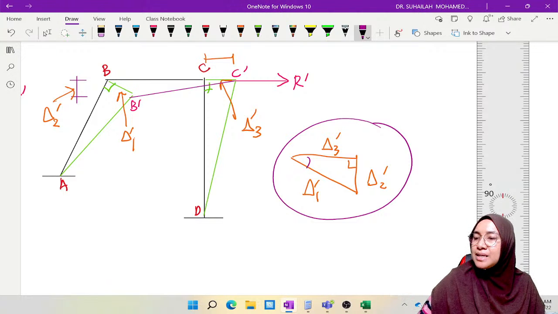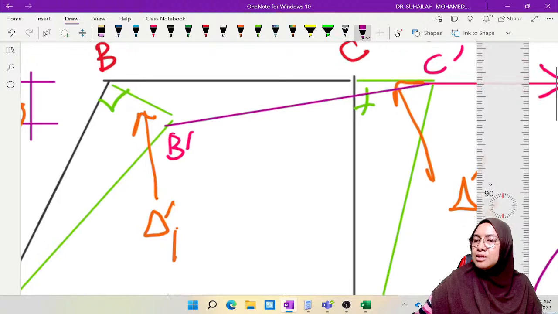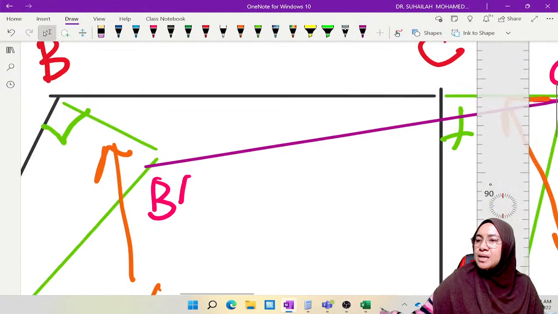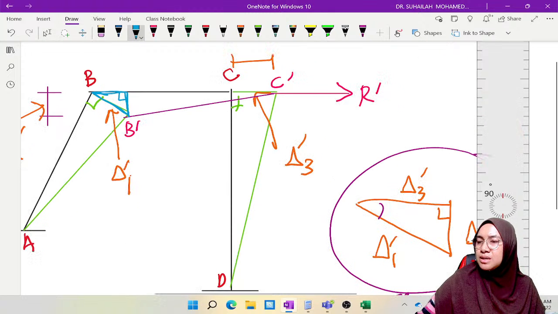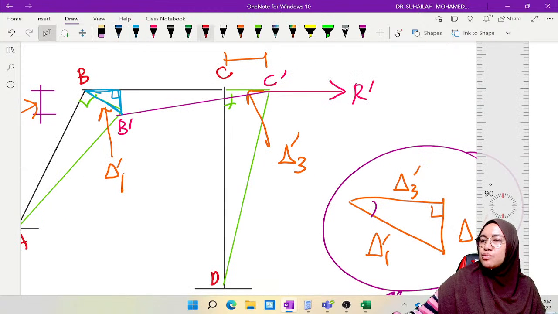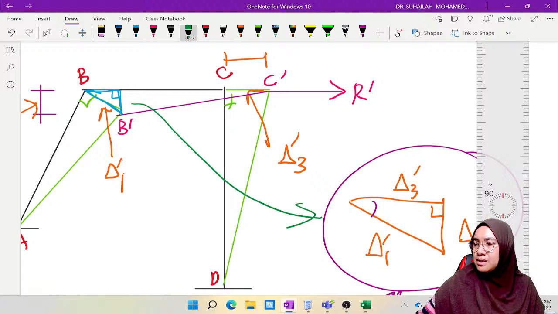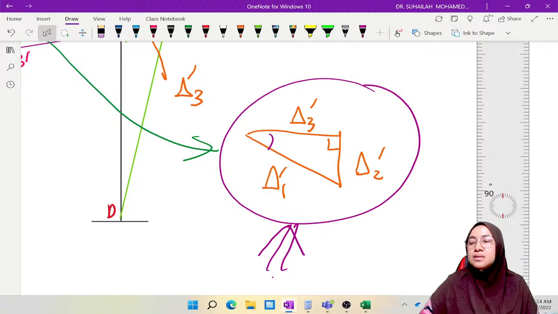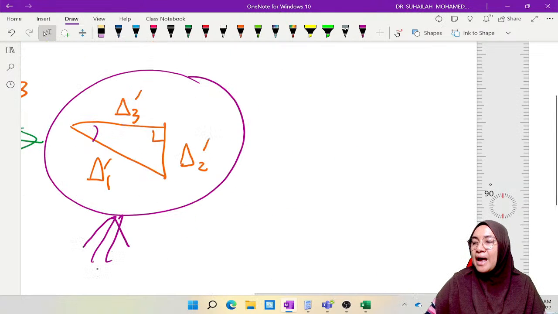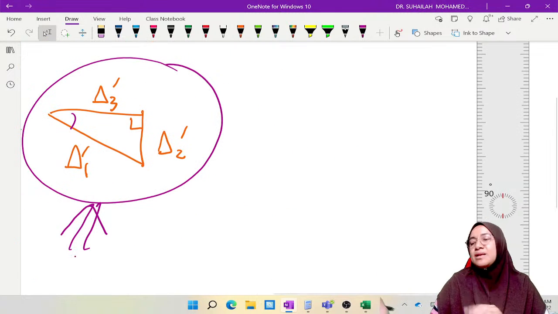And actually this triangle is located in this diagram. It is actually similar to the one that I have drawn just now. Both are the same. When I enlarge it, this is the thing. So we will have 3 FEM.